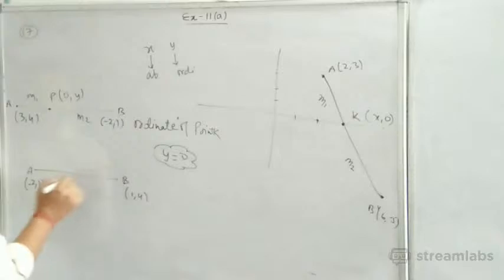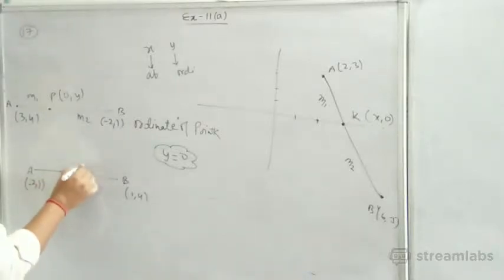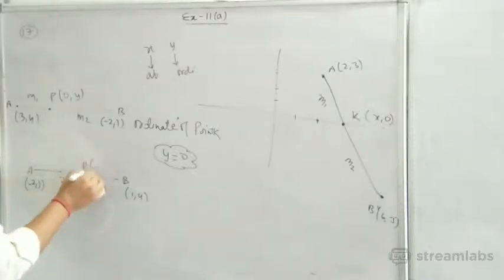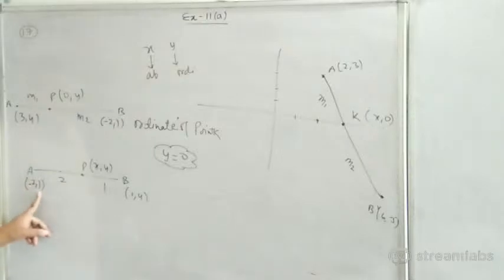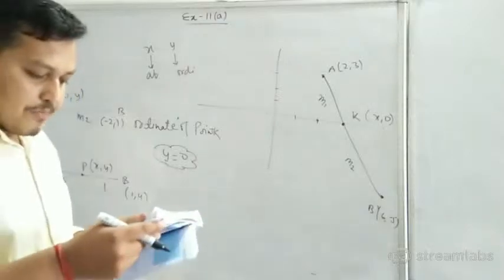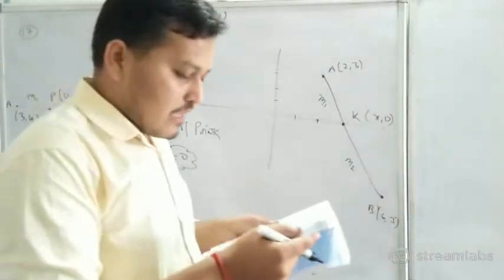Point P divides AB in the ratio 2 to 1. Calculate the point P. Let it be (x, y). M1, M2 are given and x1, y1, x2, y2 are given. By using the section formula, this is the first question of this exercise.